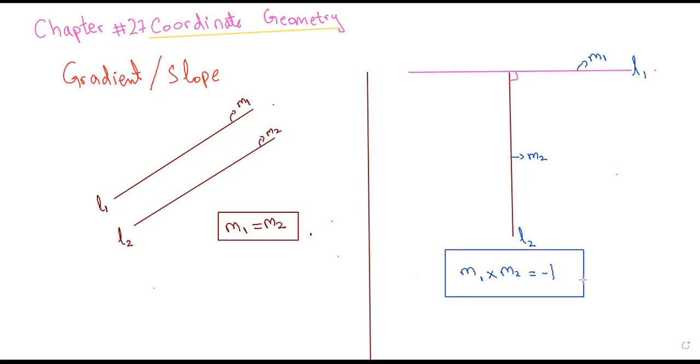This is the second concept, right? So if I have two lines that are parallel to each other, their slopes would be the same, this one. And if I have two lines that are perpendicular to each other, the product of the slopes is going to give me -1, right?